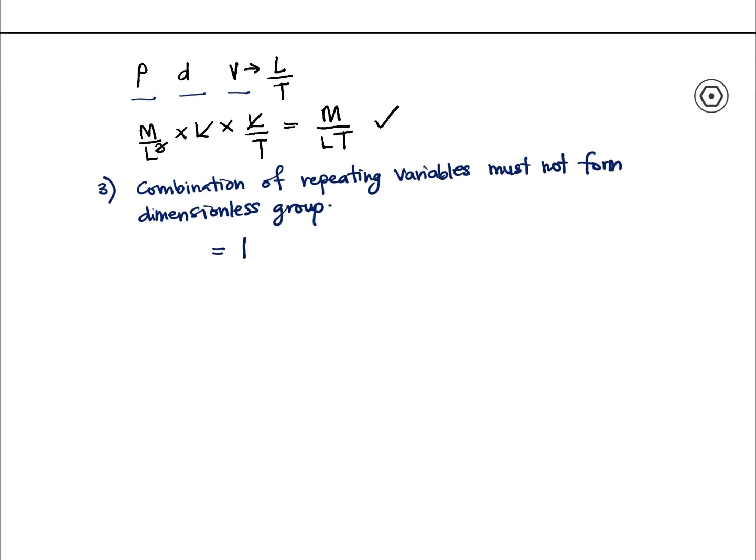Okay. Next, number 4 is never pick parameters that are already dimensionless.